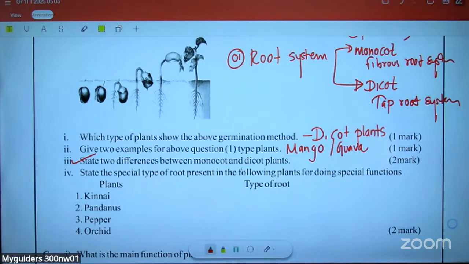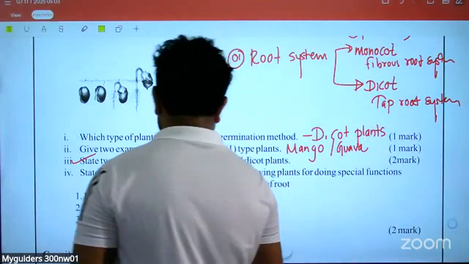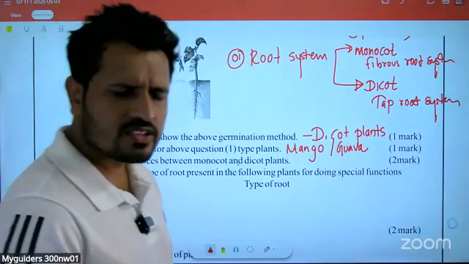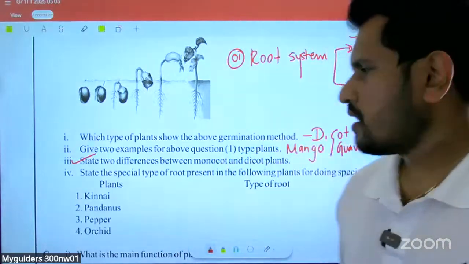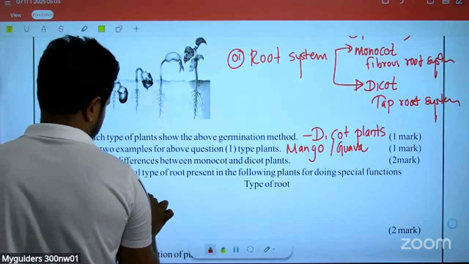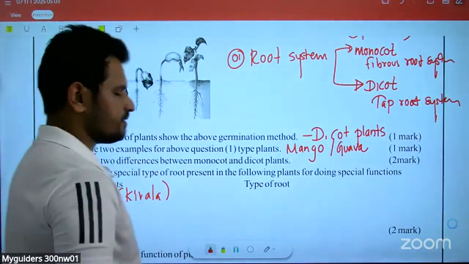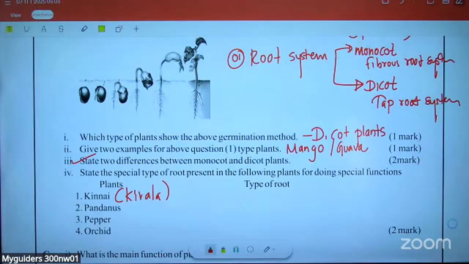Some plants have special types of roots. මේ වගේ සමහර plants වල පුතේ අපිට බලා ගන්න පුළුවන් special type of roots. So කින්නය මේ කින්නයි කියන්නේ කිරල, right? කිරල. In mangrove environments.